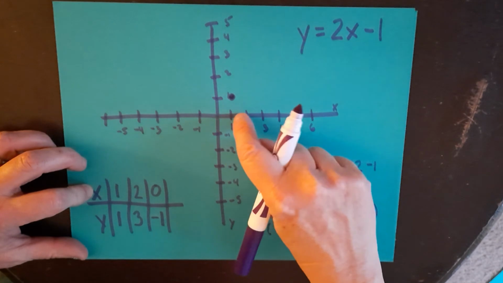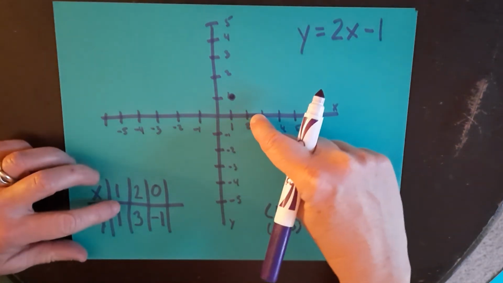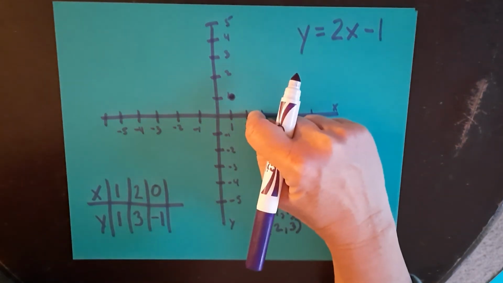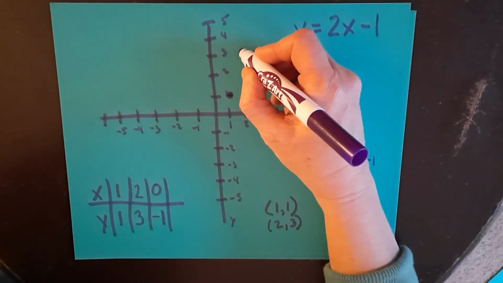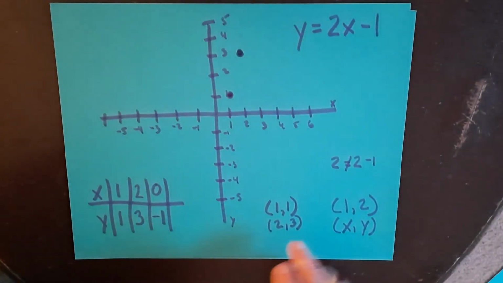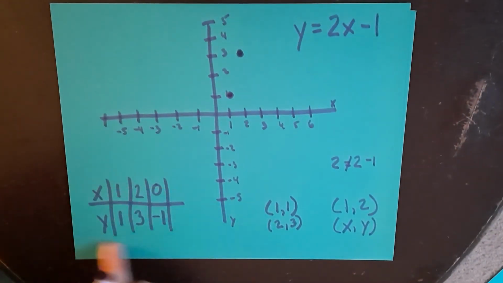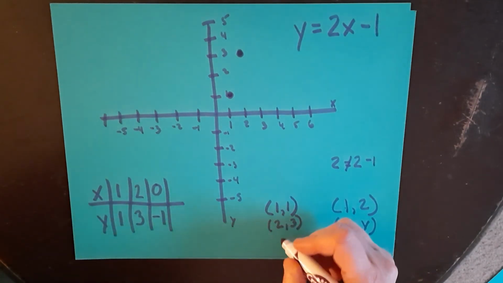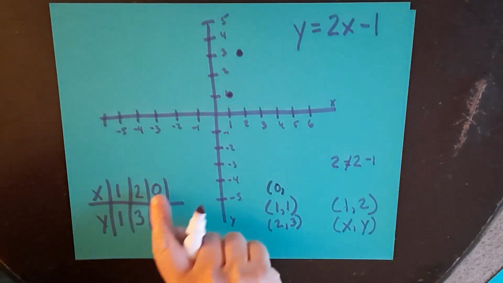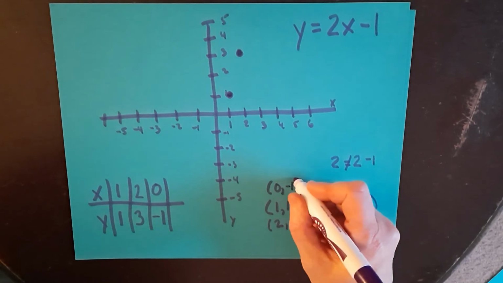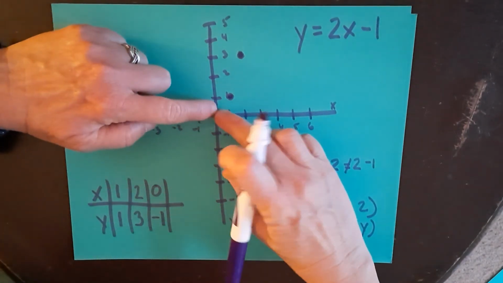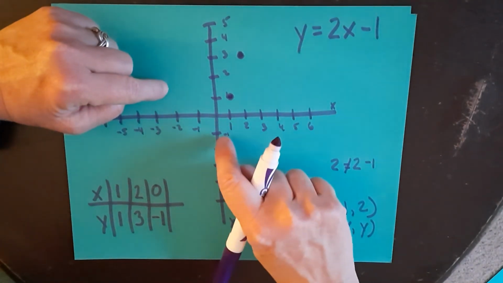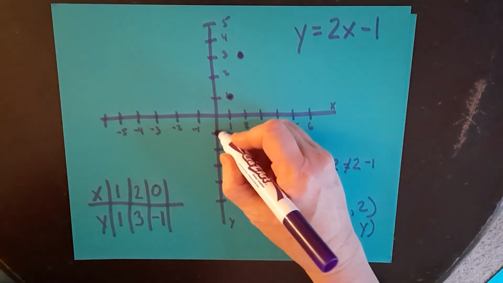So we're going to move over 2 for x, and then our y is 3, so we're going to go up 3. 1, 2, 3. So that point is right here. And then our final one from our little chart, x equals 0, y equals negative 1. So x is 0 and y is negative 1. So that point would be right here.